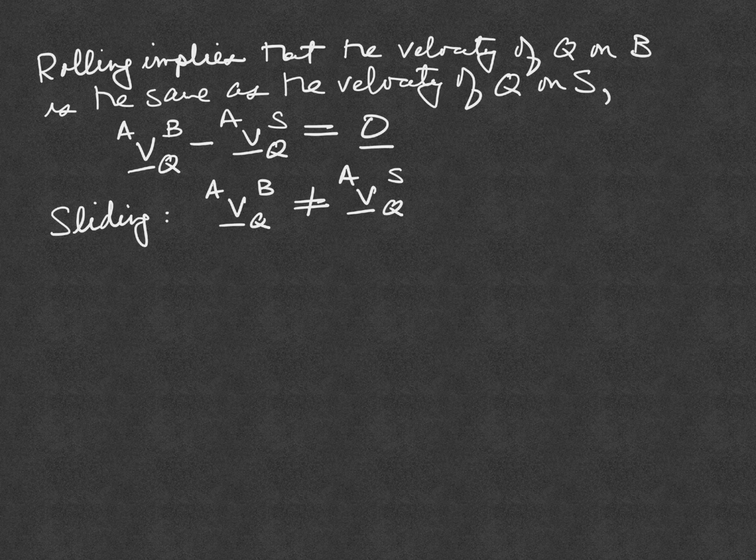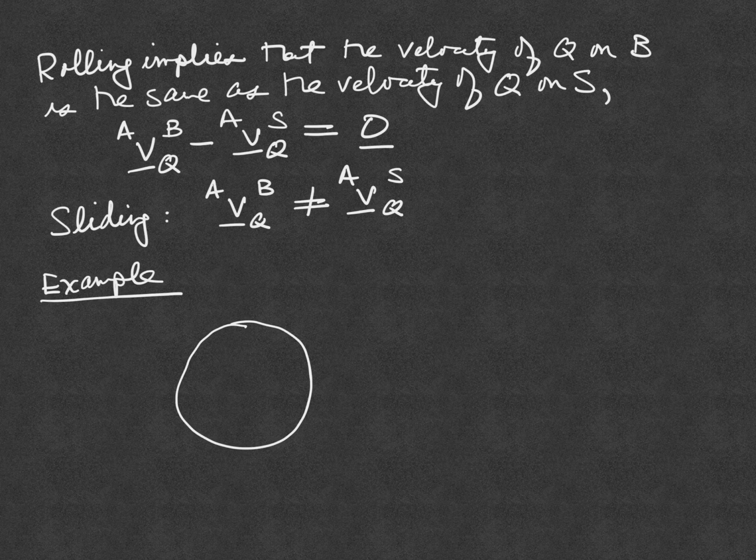If these two bodies were not in contact with one another, we wouldn't have any of this going on, but it's only going on because we're dealing with contact. Now, it's easier to actually deal with this in the form of an example because it often clears up the confusion that comes in with rolling. So let's suppose we have the following problem. Suppose I have a circular disc and it's rolling on a flat horizontal surface, which I'm just going to depict as the ground.